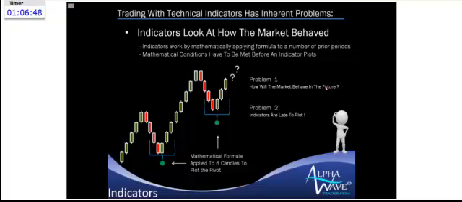Price does tell you that in extreme and precise detail. A typical indicator is a mathematical formula applied to a number of candles, to a number of structures, to plot a certain thing. And the bottom line is indicators are late to plot.